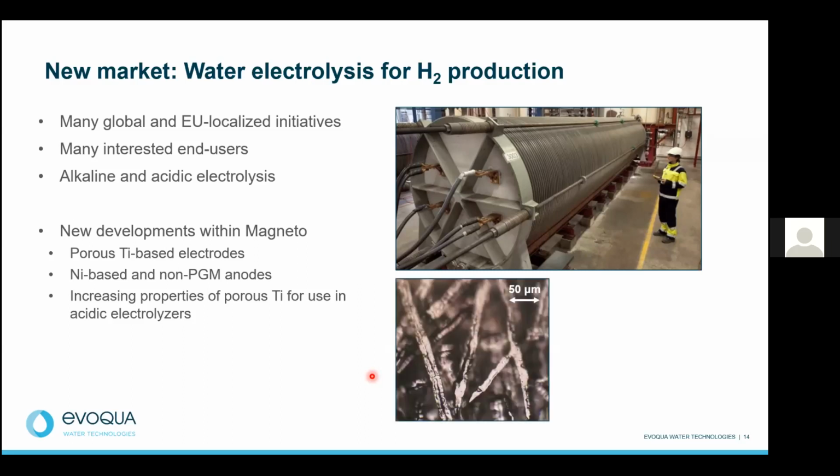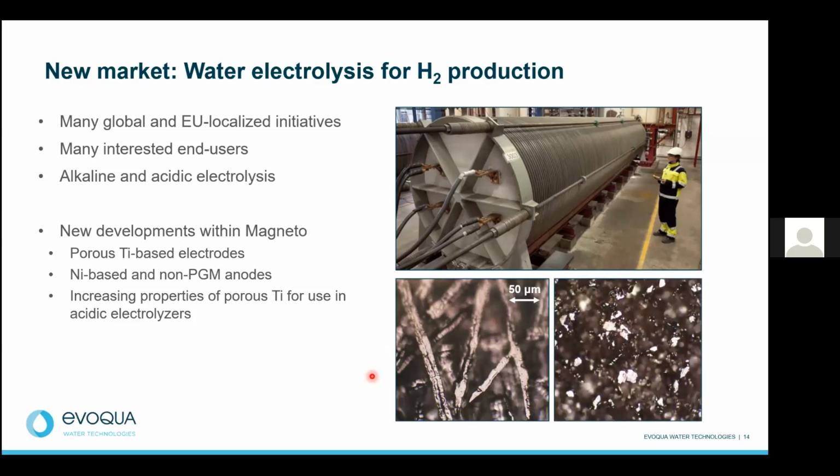So in this project, we have studied several types of porous titanium so far, such as felts, shown here, which are interspun wires, and sintered materials, which are tiny pellets of titanium pressed together. And we're trying to modify these structures to make a better component for the acidic electrolyzer technology.